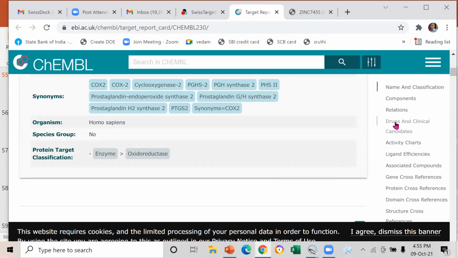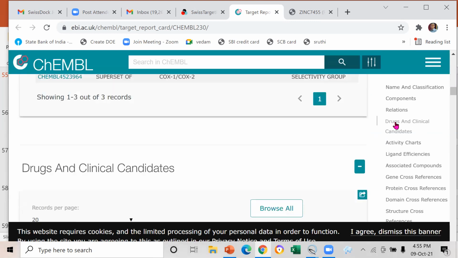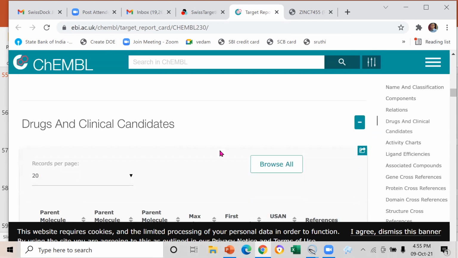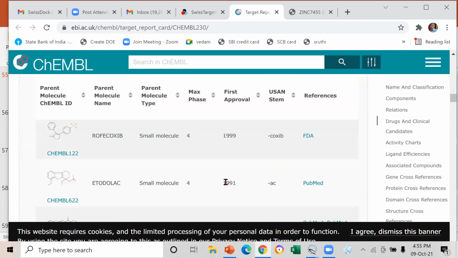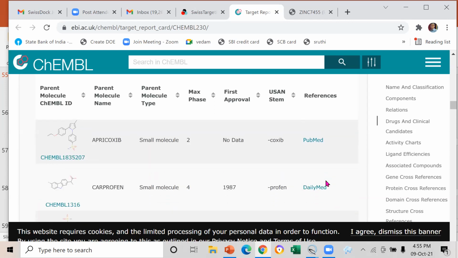And any drugs against this target, it will give you those also. So these are the molecules that have been tested against that particular target. You can see down, down, down, approved in 1999, FDA approved, like that.